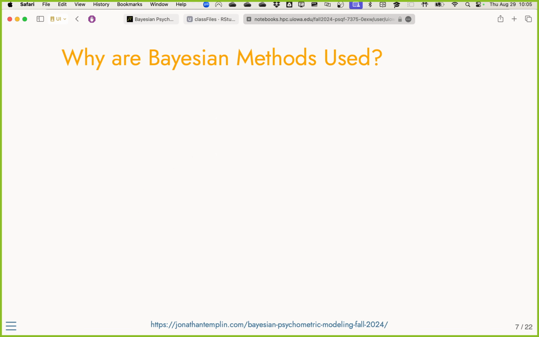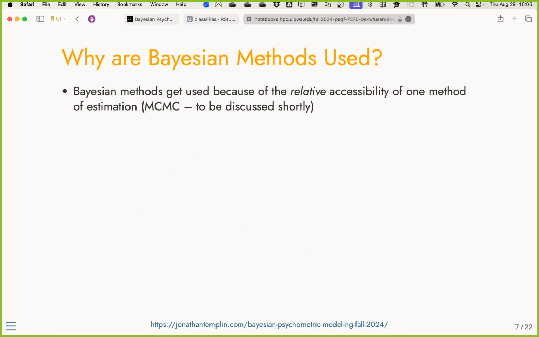All right. So why do we use Bayesian? This relates to a question from previously. They get used because of the relative accessibility of one estimation method. I say relative accessibility because, as you're going to find out in this class, Stan takes effort. Stan takes time. Estimation takes a lot more detail built into your analysis.